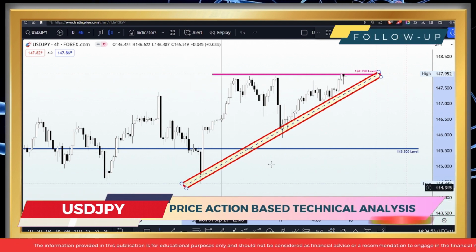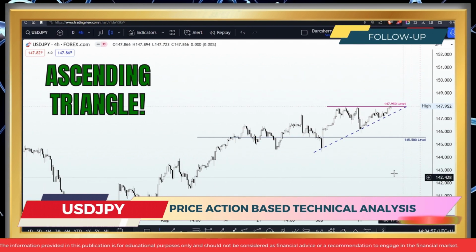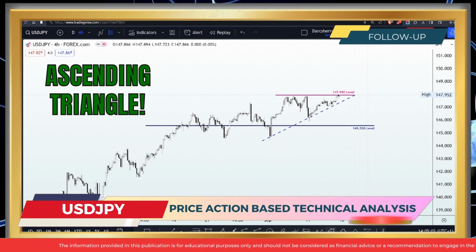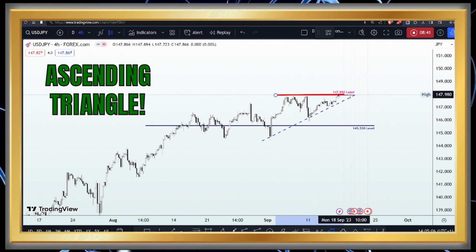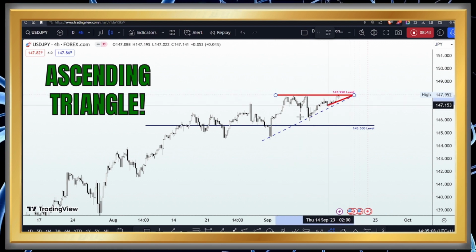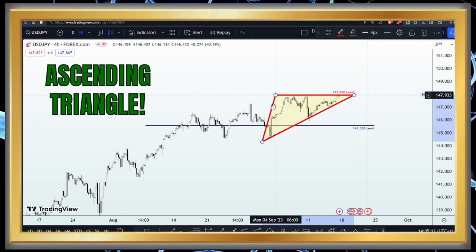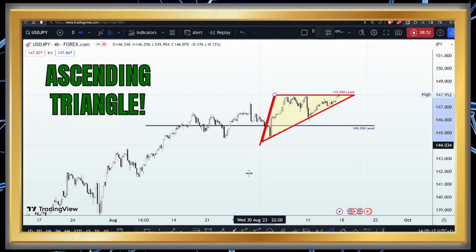Now, if you look at the structure from a holistic standpoint, you will see that we have an ascending trend line, which is considered to be an uptrend continuation pattern from a technical standpoint. So if I highlight it, you will see this is what we have here, following that impulsive move that brought us to this point.